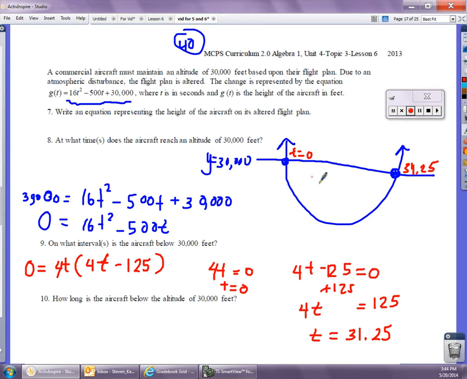So the aircraft is below 30,000 feet when the time is between 0 and 31.25 seconds. I could also say, when is it above 30,000 feet? After 31 seconds, it's back above. And before 0 seconds, it was also above.